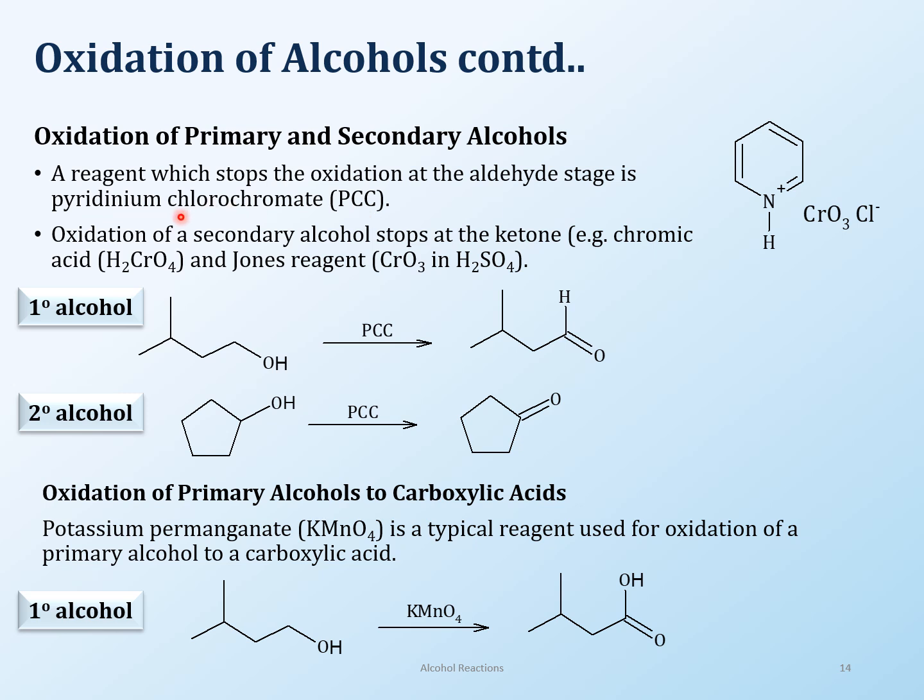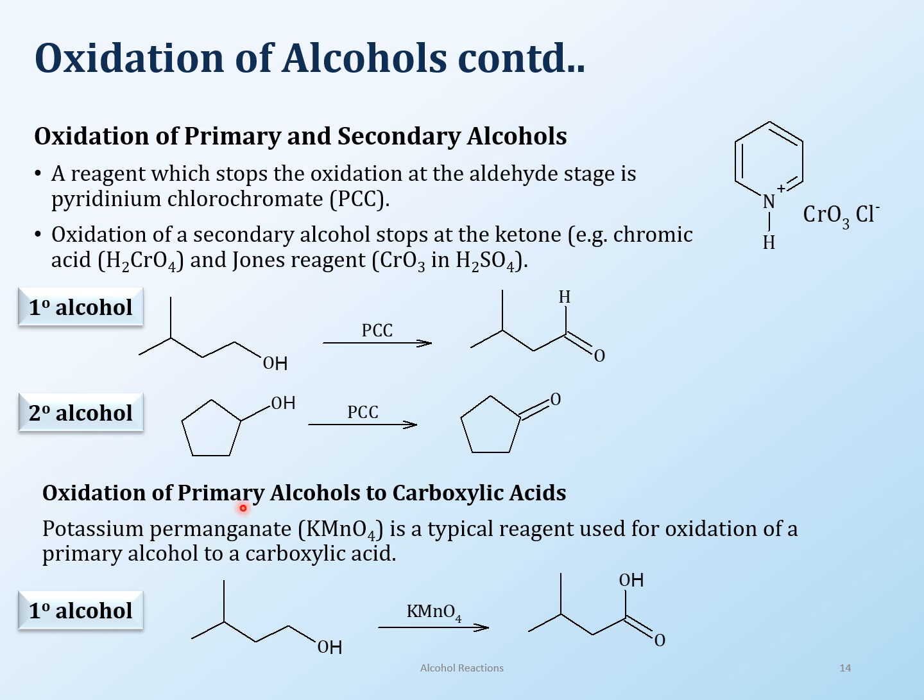So you don't have to write pyridinium chlorochromate if you don't want to, but if I write pyridinium chlorochromate, you should know it's PCC. If I give you this structure, you should know it is PCC. But if you're writing for me, you can write PCC and get away with it. So here is a primary alcohol giving an aldehyde. Here is a secondary alcohol giving a ketone. That is how these weak reagents work.